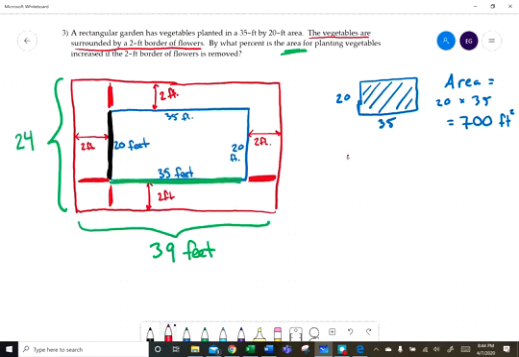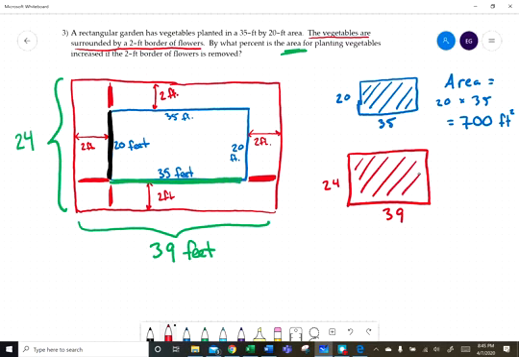Okay, so now we have this larger rectangle, and we said that is 24 by 39. And so the area of that larger rectangle, again, length times width, that's 24 times 39.